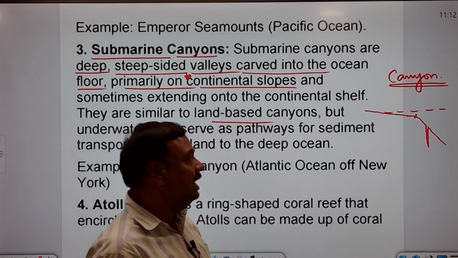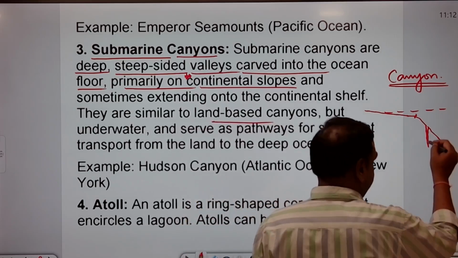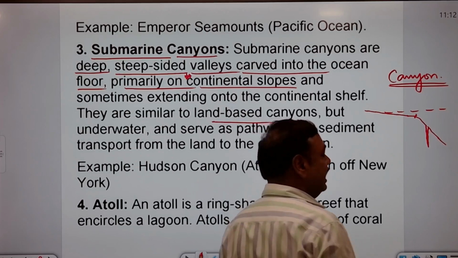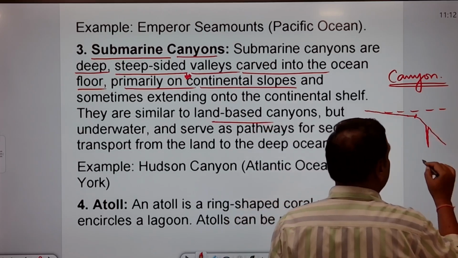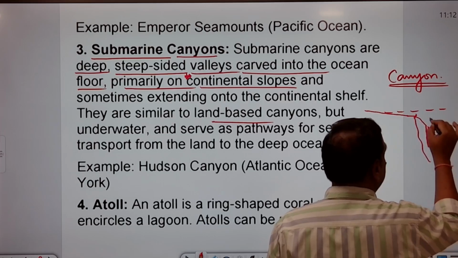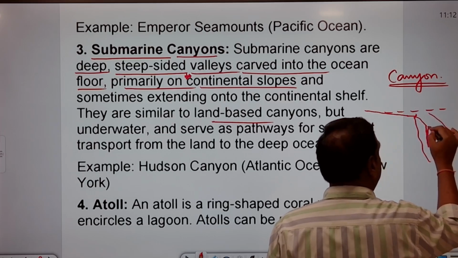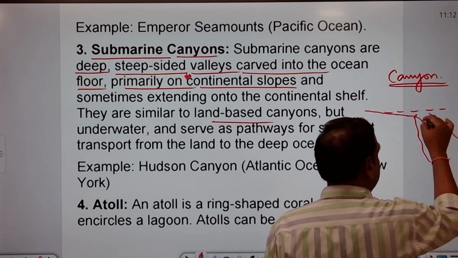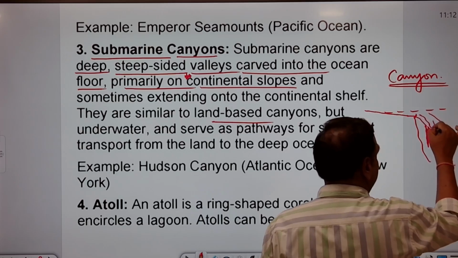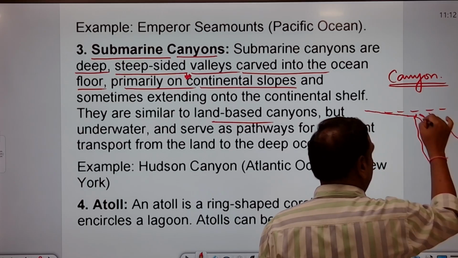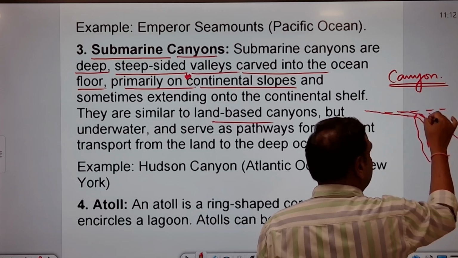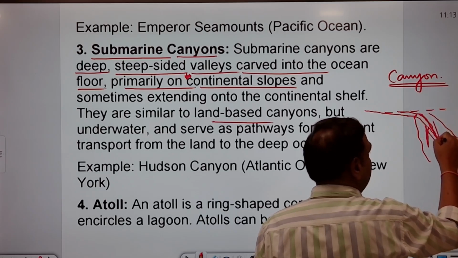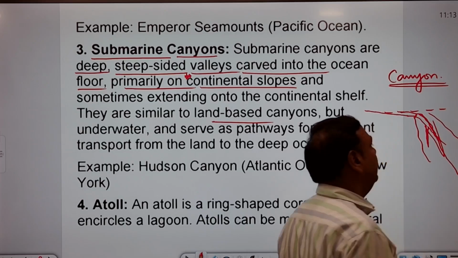So I was telling you that when a submarine canyon has been formed, it basically serves as a pathway, because when sediments are coming from the continental shelf region, these sediments move through these submarine canyons to the bottom of the continental slope.